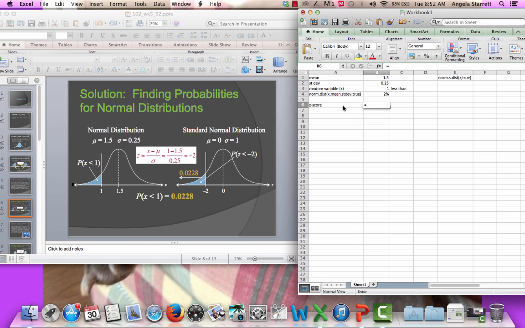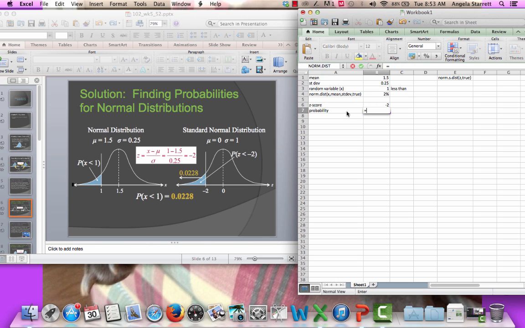All right, z-score is our 1 minus our mean, close parentheses, divided by our standard deviation. All right, minus 2. All right, now let's get our probability.